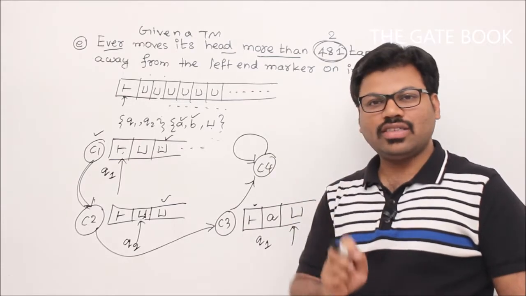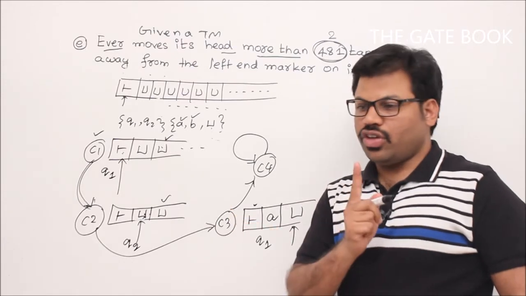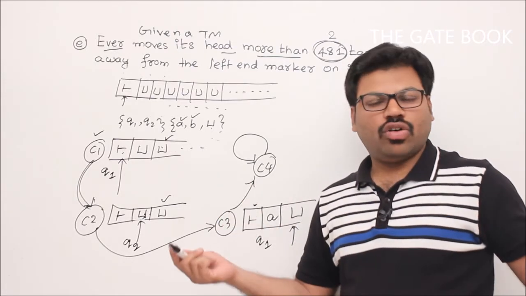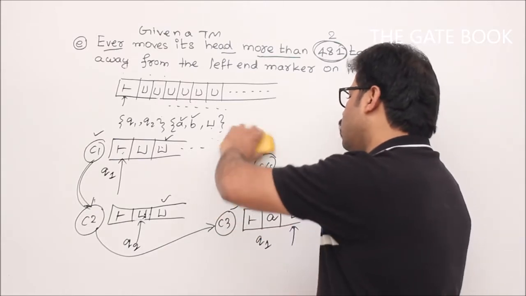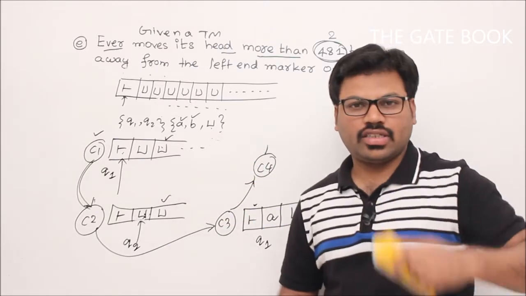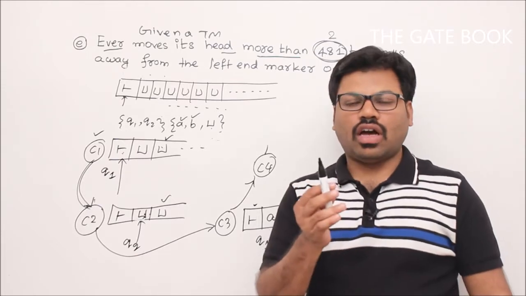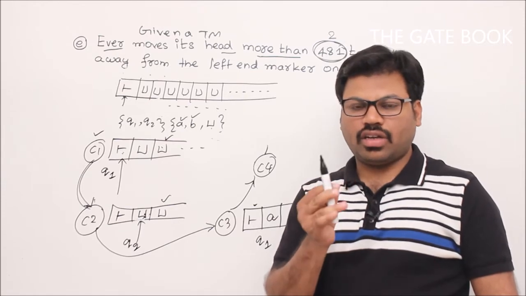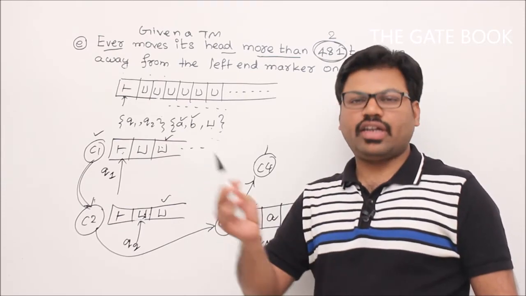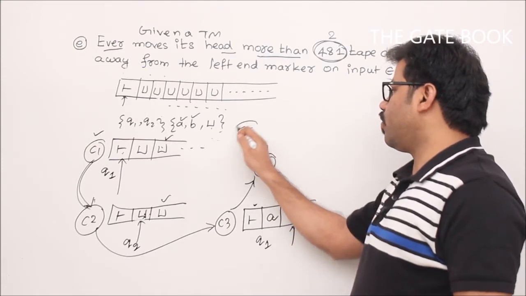Not possible, because at least the head should move left or right. Correct? When you move the head left or right, you are forming a different configuration. Already I told you in the introduction that generally when we discuss Turing machines, we don't allow stalling. That means your pointer cannot stay in the same place. It should move to right or left. Correct? That's why from C4 we go to C5.